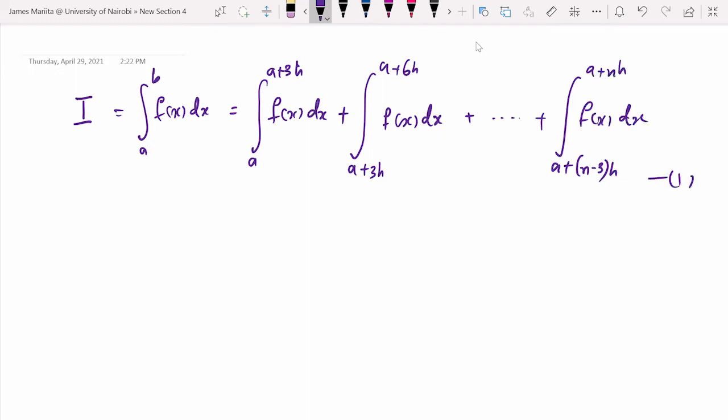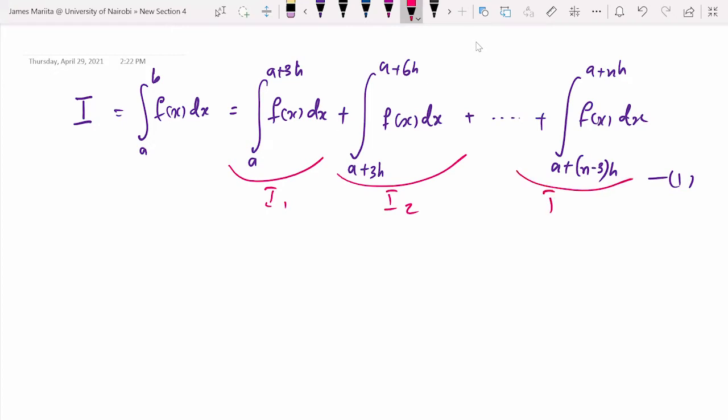So then for I1, obviously, this is going to be our first I, and that is going to be the second one.